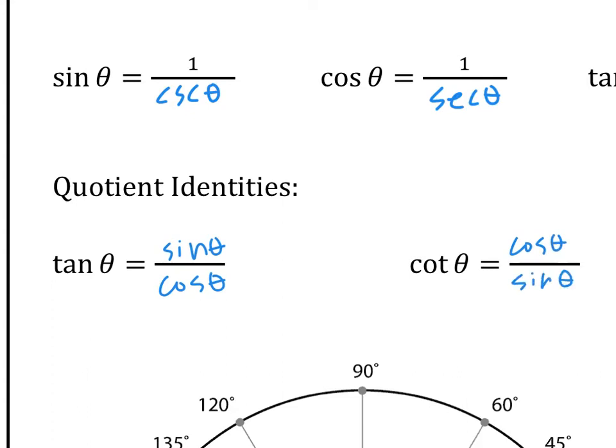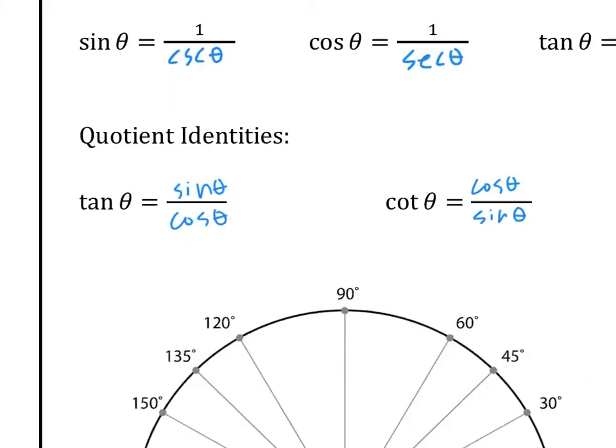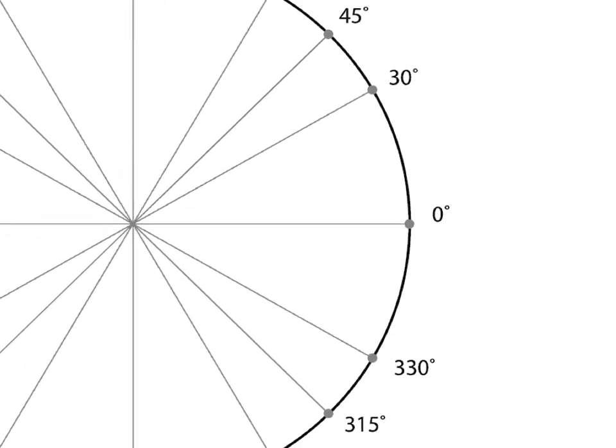Now we're going to look at our unit circle, and from our unit circle, we're going to derive the Pythagorean identities. So let's say that we are talking about a 30-degree angle, and I can draw my triangle like this. How long is this part?